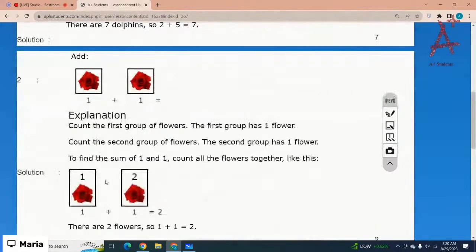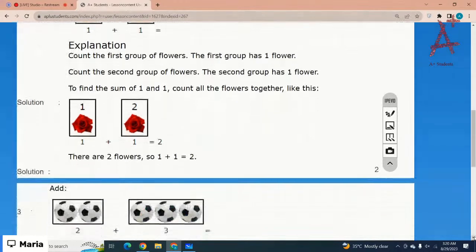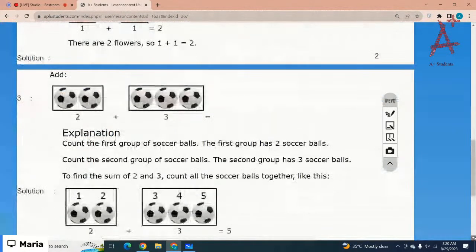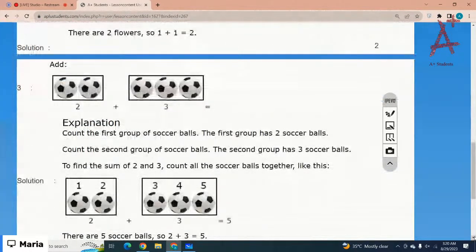Okay, the next one is you have, in first group you have 1 flower and the second group you have 1 flower, right? So you have to count them together. So together they make 1, 2 flowers. Okay, add.